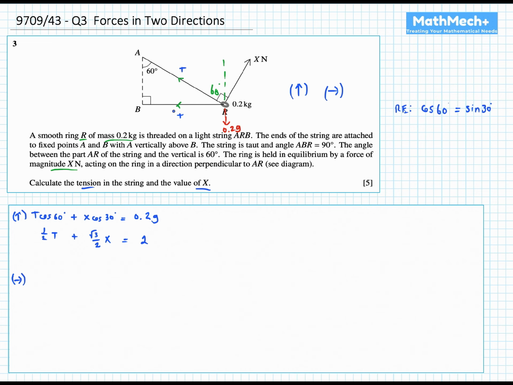Horizontal, so we've got T again. So I've got T on its own, so I've got an extra T. So T plus T sine 60. Let me just check that. Yeah. Is equal to X sine 30.